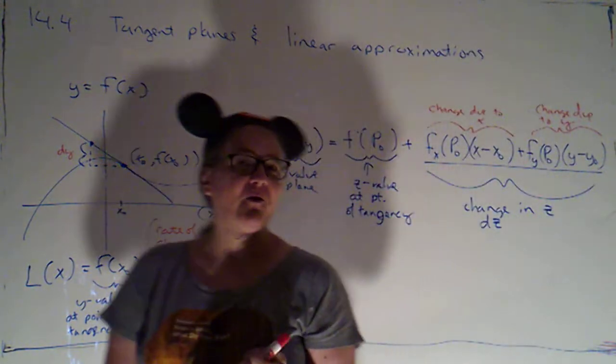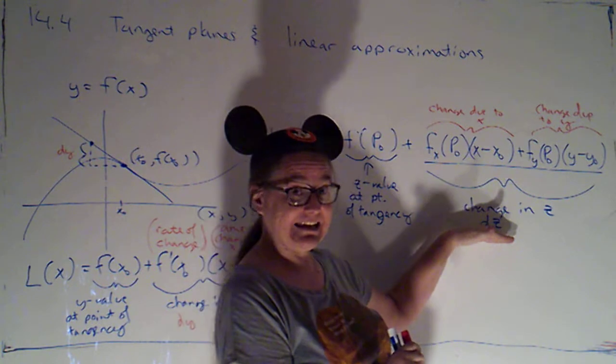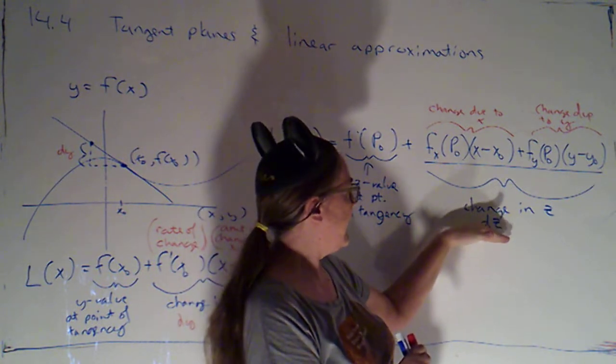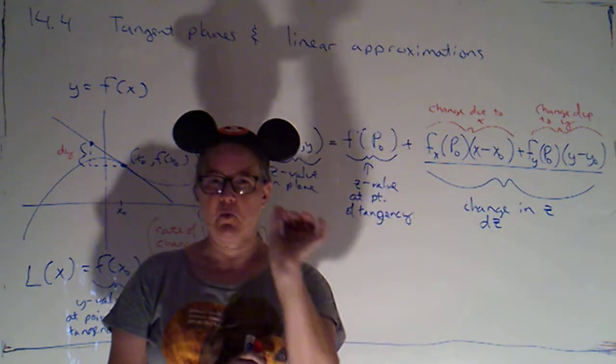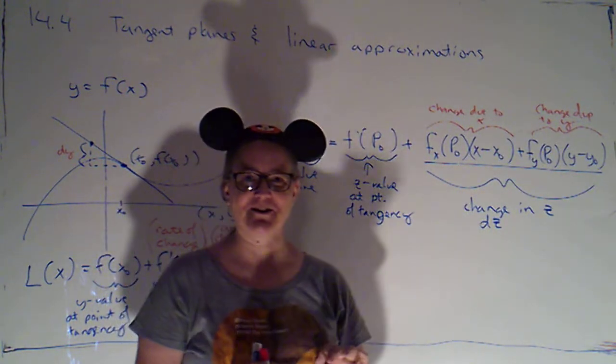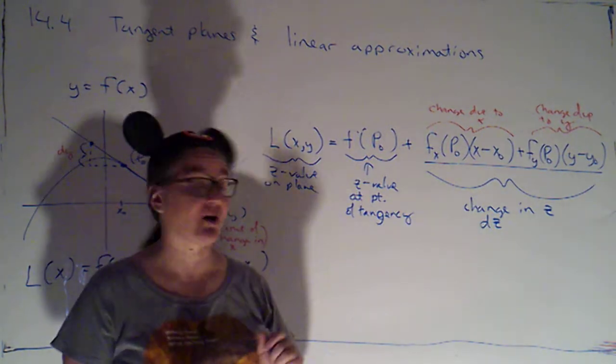I'm also going to point out that what we have right here for this dz, this change in z, that's a sum of products. We have seen a sum of products before. We get a sum of products anytime we take the dot product.